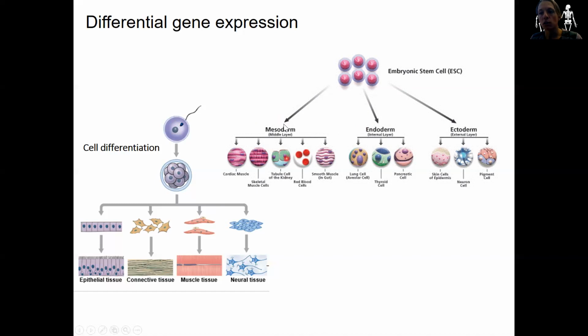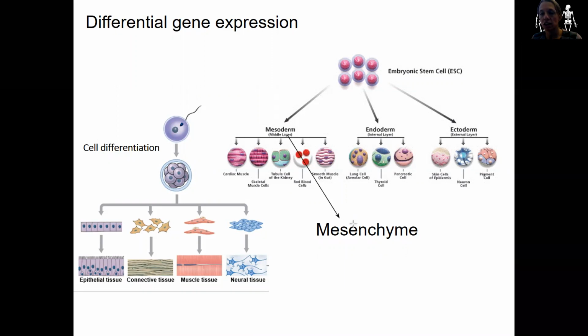Mesoderm is the one I want to refer to briefly right here, and specifically one of the substances it differentiates into is the mesenchyme. Mesenchyme is an embryonic connective tissue. All connective tissues, as well as smooth muscle and cardiac muscle, differentiate from and derive from mesenchyme. So mesoderm is going to differentiate into mesenchyme.